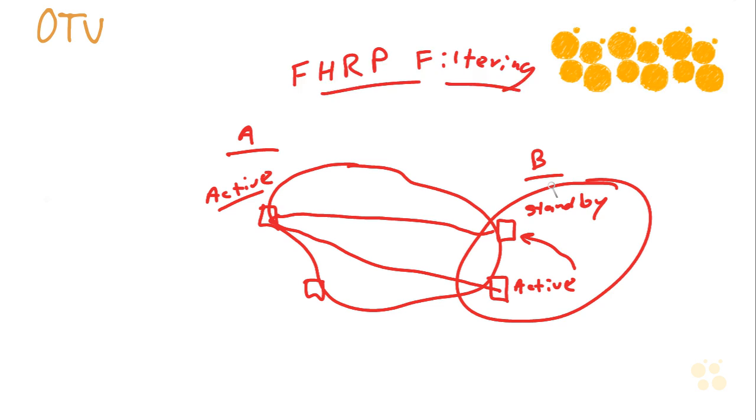First, a VLAN access control list, that's a VACL, is going to be implemented in the OTV edge device to block the FHRP hellos and prevent them from being forwarded on the overlay. Second, the virtual first hop redundancy protocol MAC address should not be announced to other sites as it normally would.